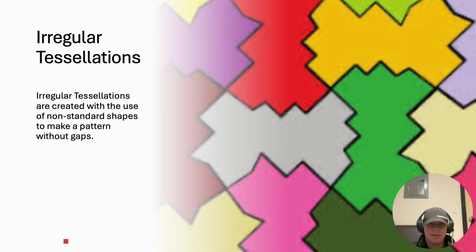The next tessellation we're going to be talking about is irregular tessellations, and these are created with the use of non-standard shapes to make a pattern without gaps. A pretty niche example, I would say, is scales of a fish or a snake, and I'll actually draw it out right here. Bear with me with my subpar drawing skills.